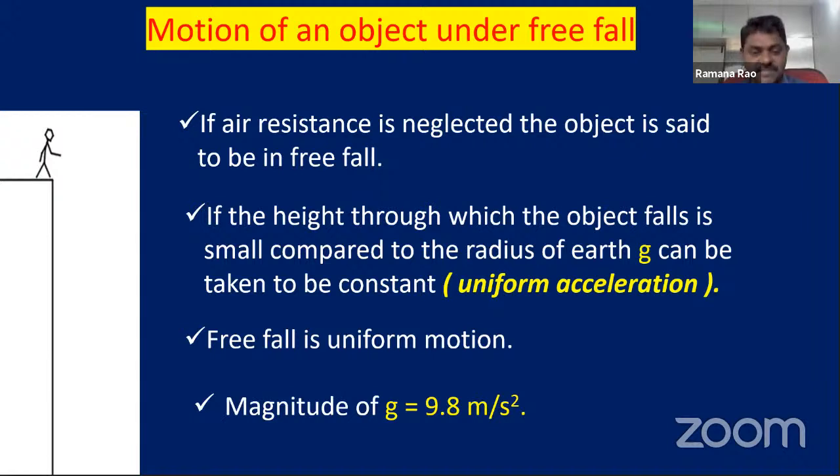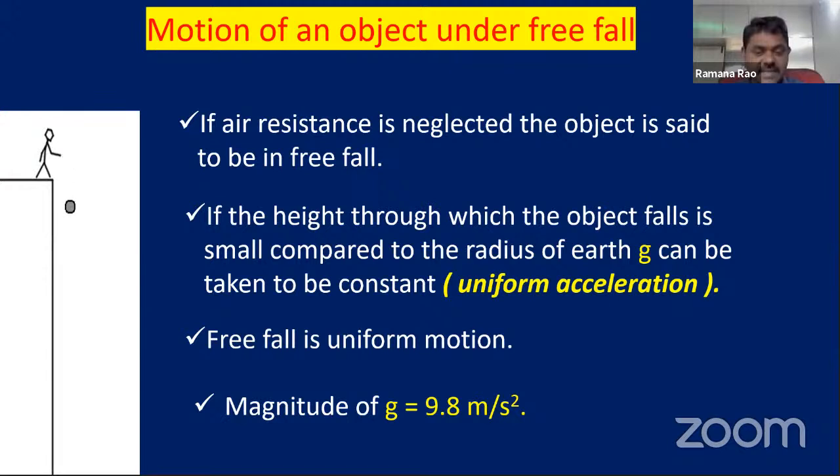And the magnitude of g: experimentally, the value of acceleration due to gravity. Newton found the value of acceleration due to gravity by conducting an experiment. The value comes out to be 9.8 meter per second square on the surface of the Earth.